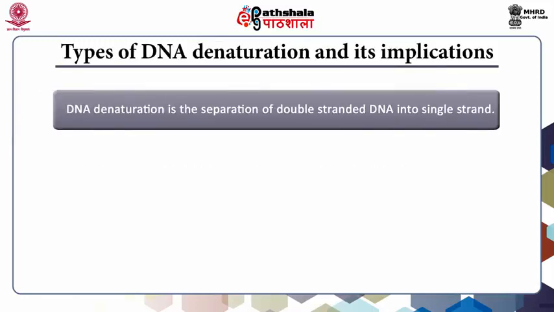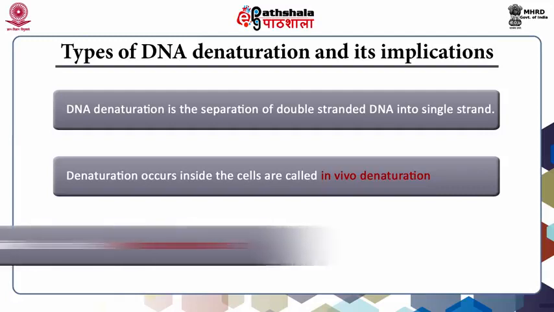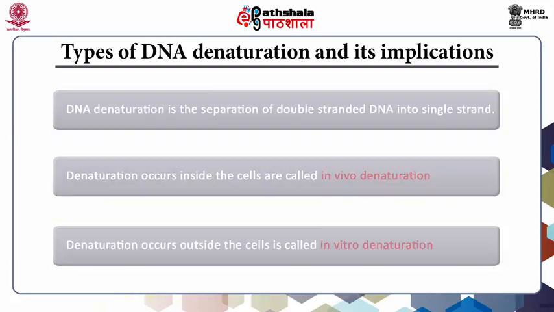The DNA denaturation inside the cell can be induced during normal metabolic process, or it can be artificially induced also. Denaturation occurring inside the cell is called in vivo denaturation. When it is occurring outside the cell, it is called in vitro denaturation.